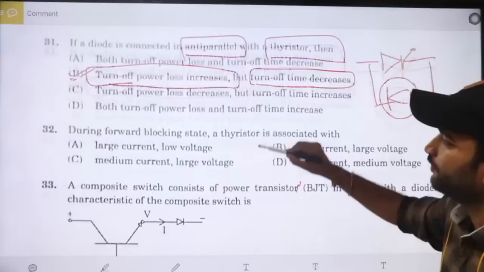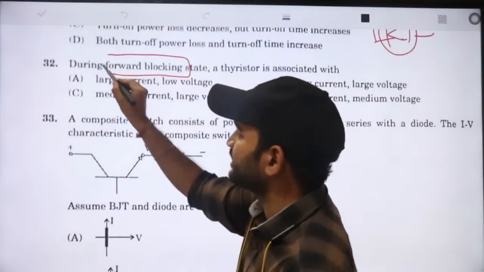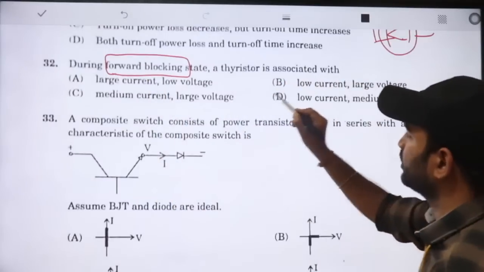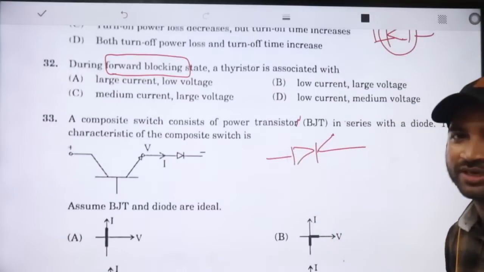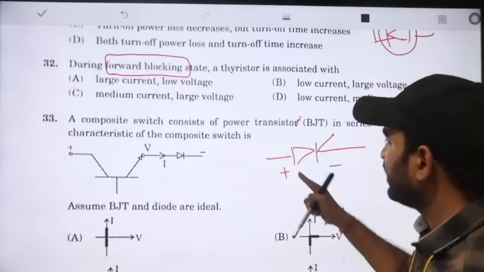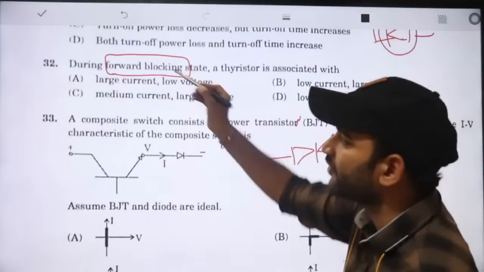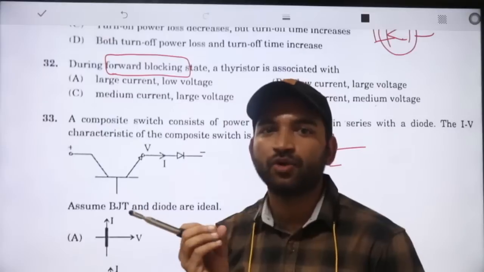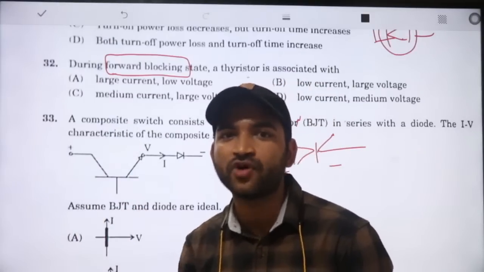So next, the 32nd question, during forward blocking state. They are just asking about the forward blocking state of the thyristor. Forward blocking state means here I am giving positive and negative to the thyristor. During the forward blocking state, junction J2 will be open circuited, whereas junctions J1 and J3 are forward biased.